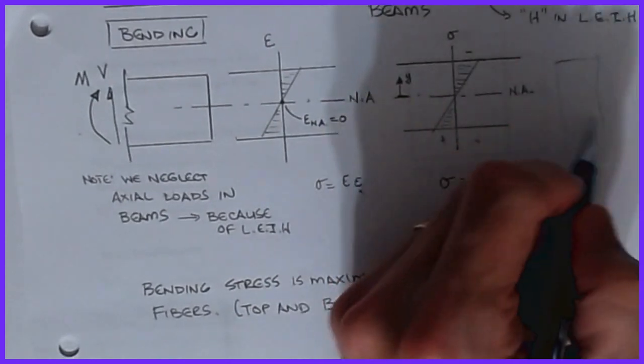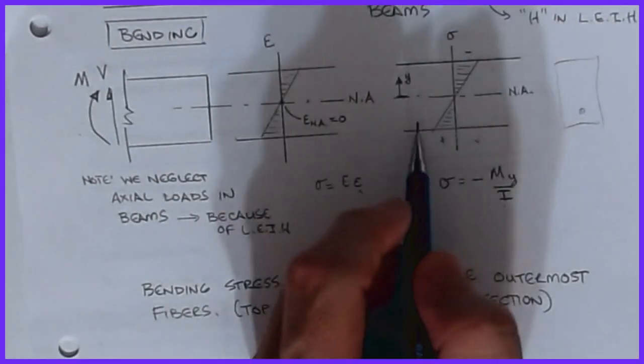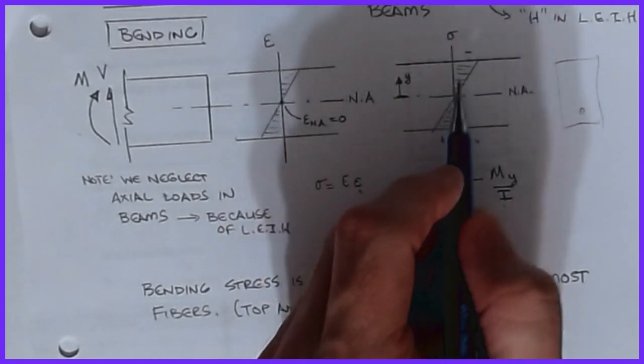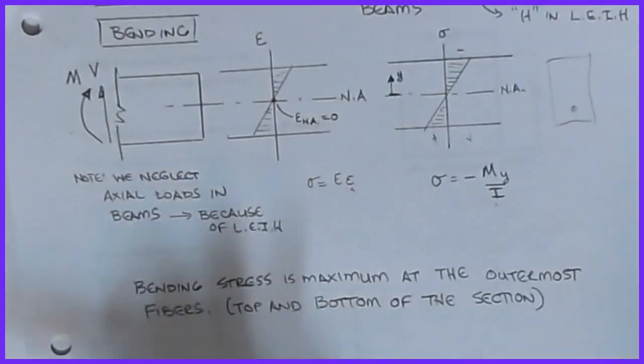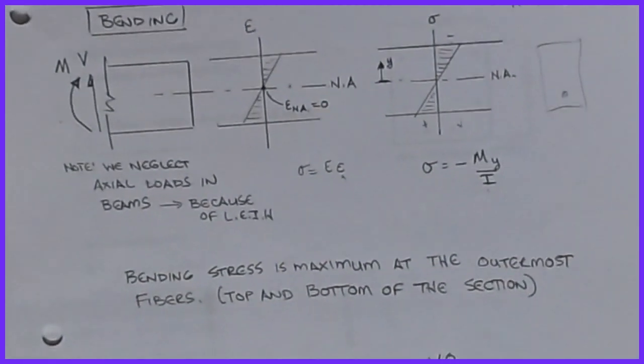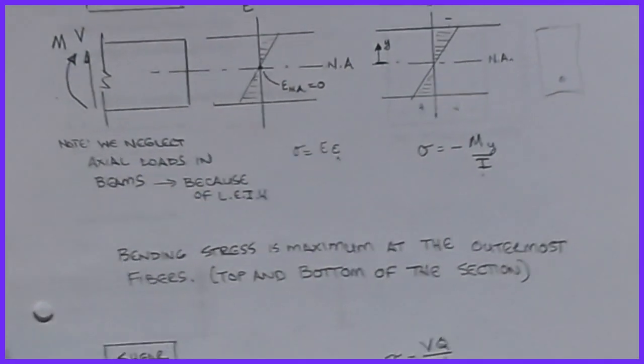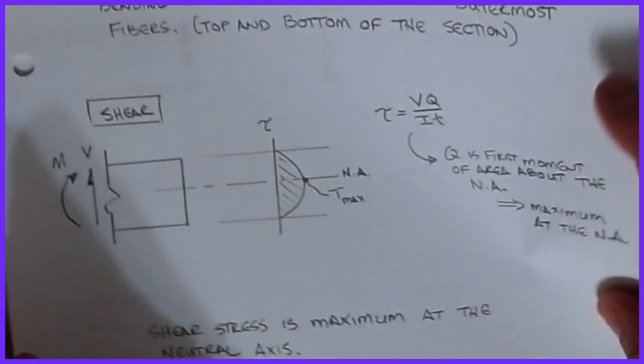So for a section that looks something like that, that would be our stress and our strain. The stress at the bottom of the beam in an uncracked section is the same as the stress in the top. Now for other shapes, T-beams and L-beams and those kinds of things, that may or may not be the case. But for rectangles, which is where we're going to start, that will always be the case. All right. So that's how our flexural stresses work.